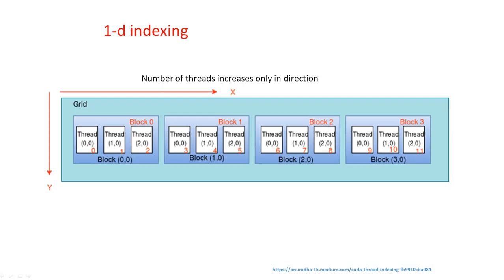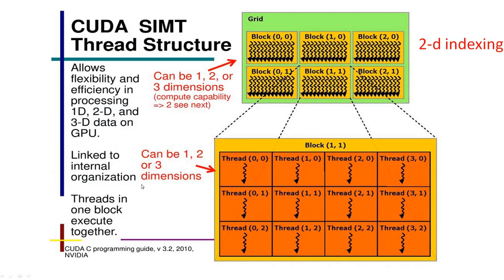But you invert it, so it will be 0th row and first column, 0th row and second column, like that. So this is how you can index it in the XY format.